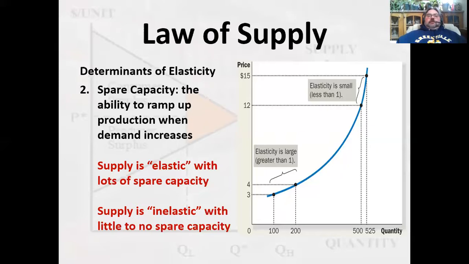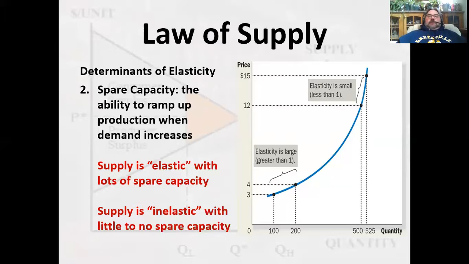The ability to switch your production around so that you can increase the amount of a certain product that you're putting on the market is called spare capacity. And if you have a lot of spare capacity, your supply is said to be elastic.